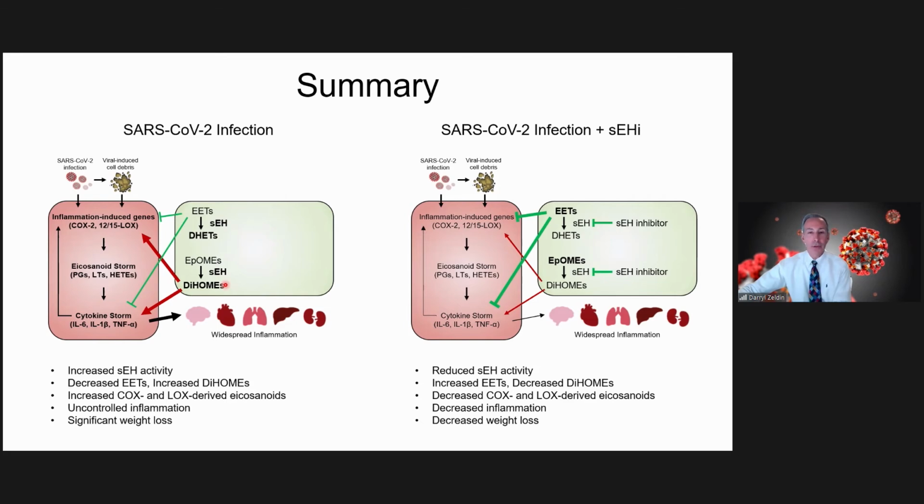There's upregulation of genes including cyclooxygenase 2, 12-lipoxygenase, and 15-lipoxygenase that lead to an eicosanoid storm with increased production of pro-inflammatory prostaglandins, leukotrienes, and HETEs, which lead to the cytokine storm with increased production of pro-inflammatory cytokines such as IL-1 beta, IL-6, and TNF-alpha, which leads to the uncontrolled inflammatory response, significant weight loss, and ultimately death of the animal.